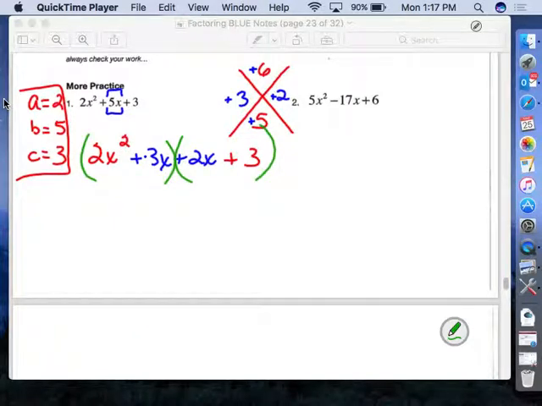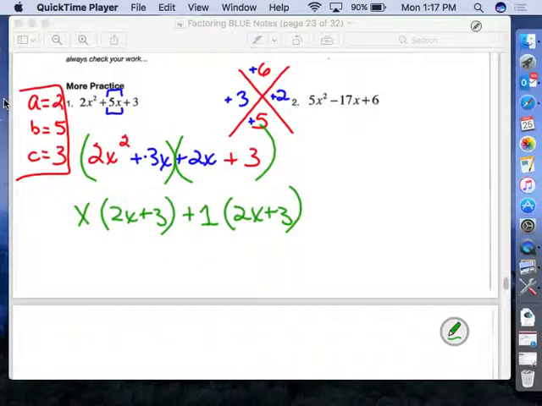The greatest common factor within the first set of parentheses is the x. And that's going to leave me with 2x plus 3. In my second set of parentheses, I already have 2x plus 3, so I'm just simply going to reverse distribute out a 1 so that the greatest common factor that I just pulled out would have a mate to go in his binomial.